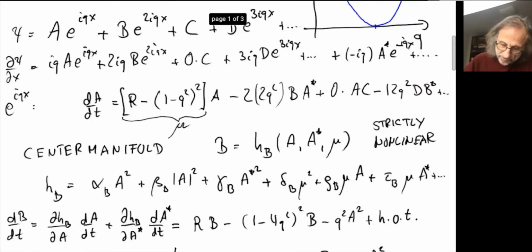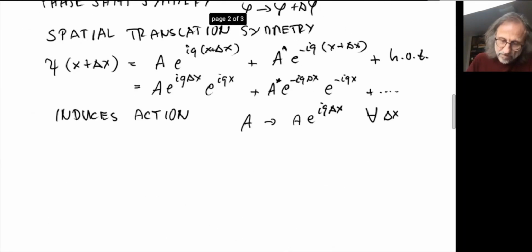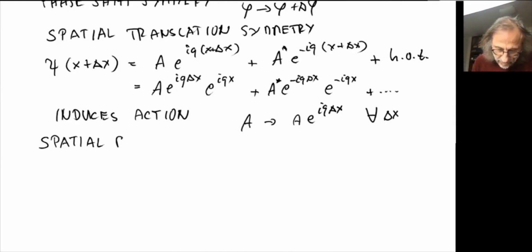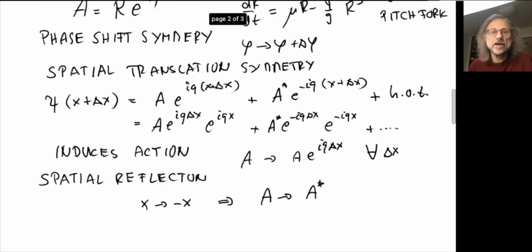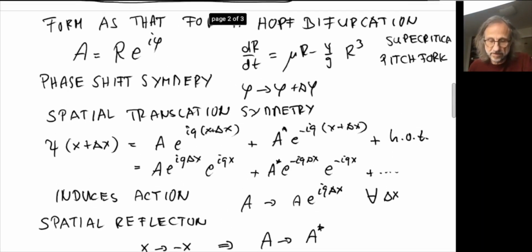So the action of the space reflection, spatial reflections, let's write that down. Spatial reflections, in this case x going to minus x, induces the action of A going to A star. And so our amplitude equation has to be equivariant under A going to A star.